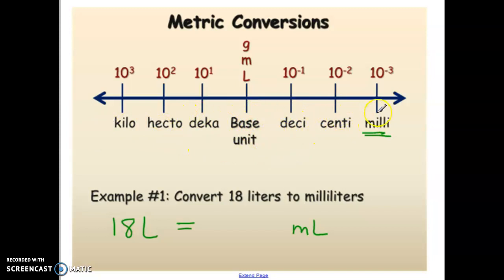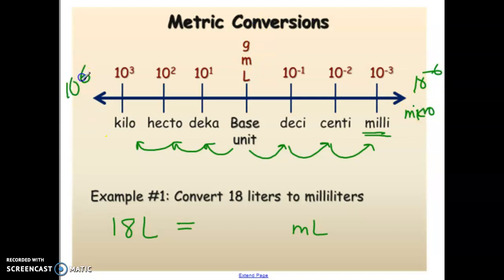Each movement on this track is like a movement of the decimal point. If you are going towards the right, that means our decimal point will move towards the right. If we are going to the left, that means we are moving the decimal to the left. But keep in mind there are those other ones that I had written down, but this would be 3 movements. That's what I had meant by that.